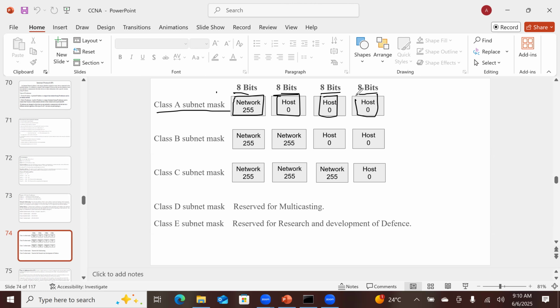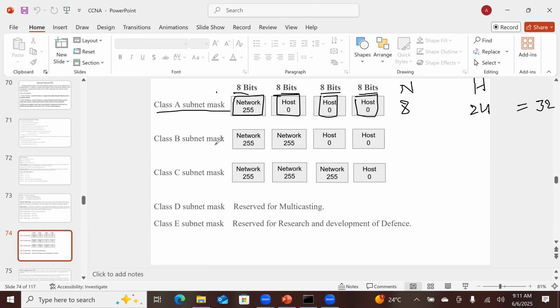In class A, that means network bits are 8 and host bits are 24. In total it makes 32.